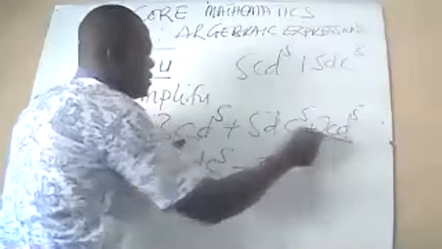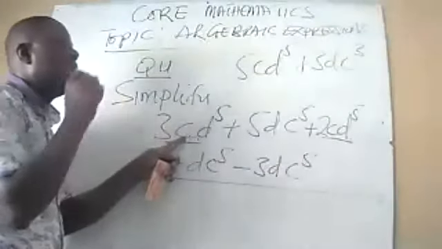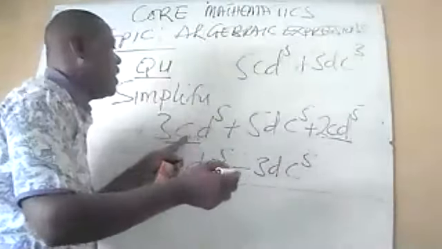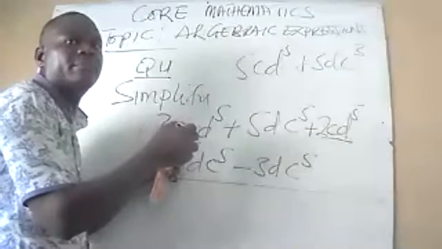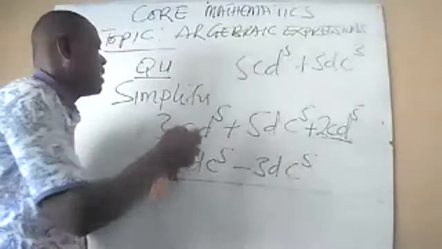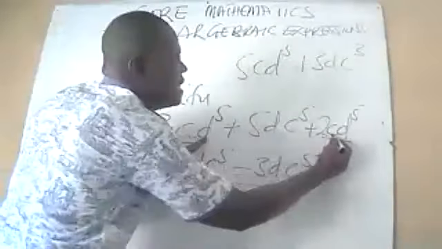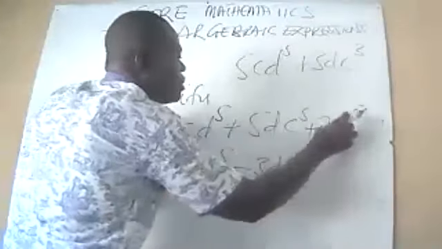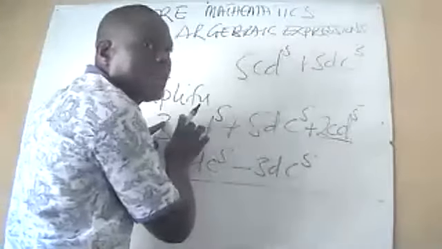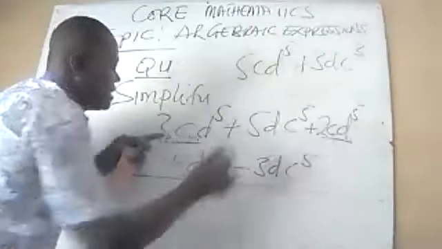So we see this and this. After that, let's analyze to see if the exponents are the same. This is c exponent 1, d exponent 5. This is c exponent 1 and d exponent 5. So this and these can be simplified together. They can either be added or subtracted, and the addition is here, so we can add them.